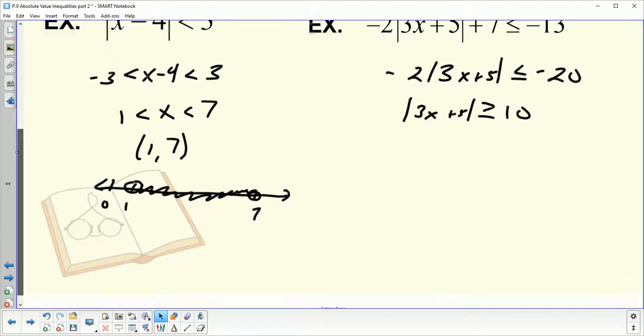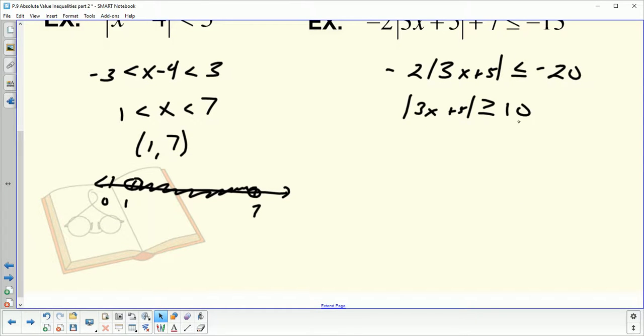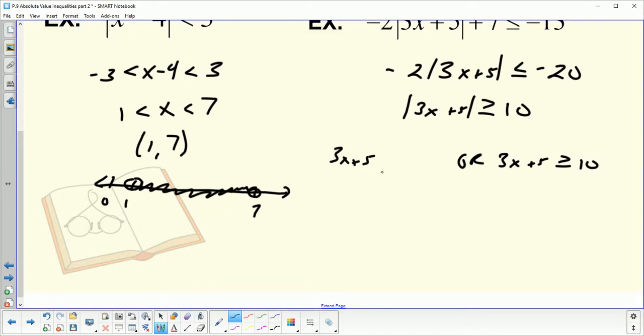So now we have greater than, and remember from the previous slide, greater than tells us it's an or. So we're going to keep that 3x plus 5 is greater than or equal to 10, or, big piece, 3x plus 5, and here we need to remember to switch that symbol and the sign. So we didn't change anything inside the absolute value. We only changed the number on the other side of the inequality symbol.